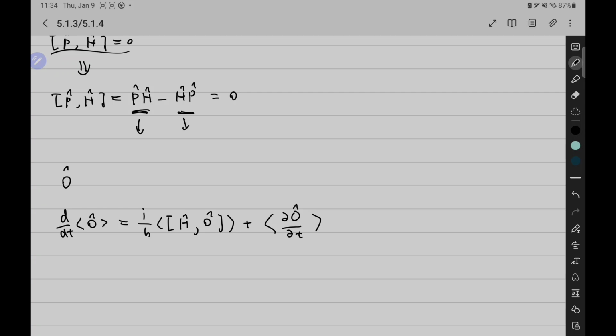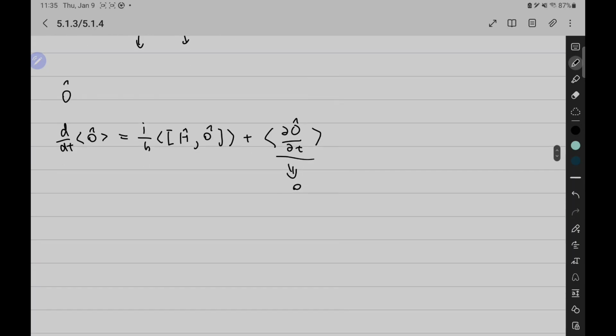For P, the second term is going to be equal to 0 because it has no explicit time dependence. Our exchange operator does not depend on time.